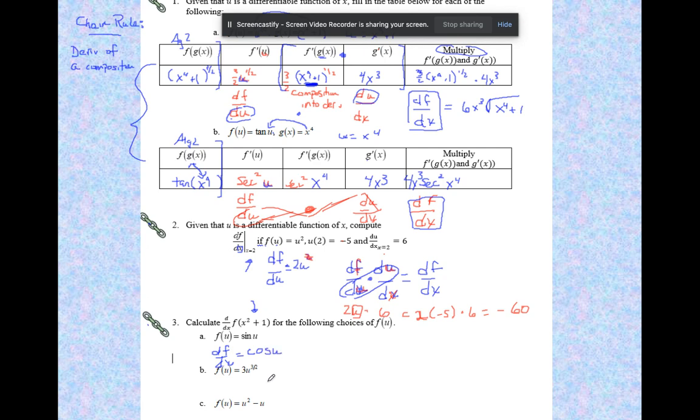Isn't that cosine of u? What is the derivative of the function f with respect to x? This little f with respect to x. What is that? 2x.